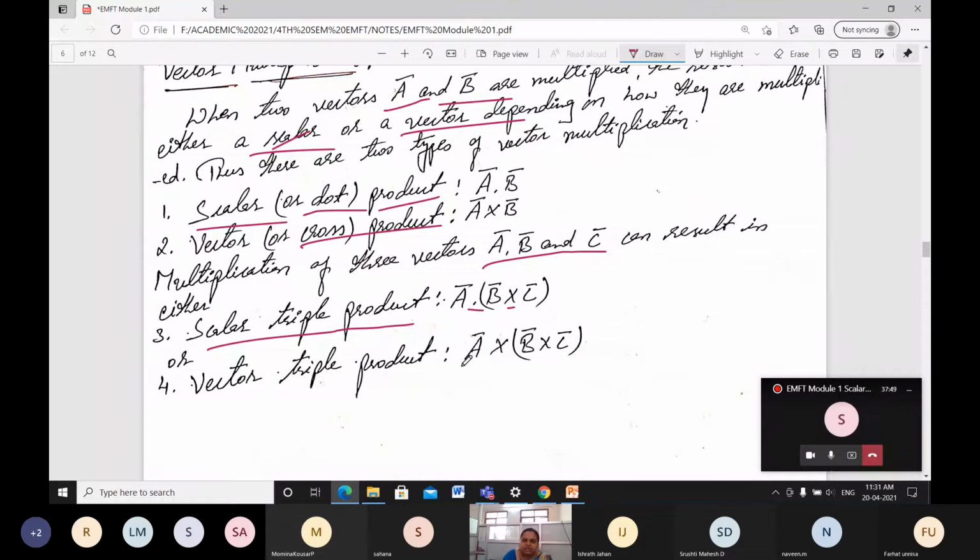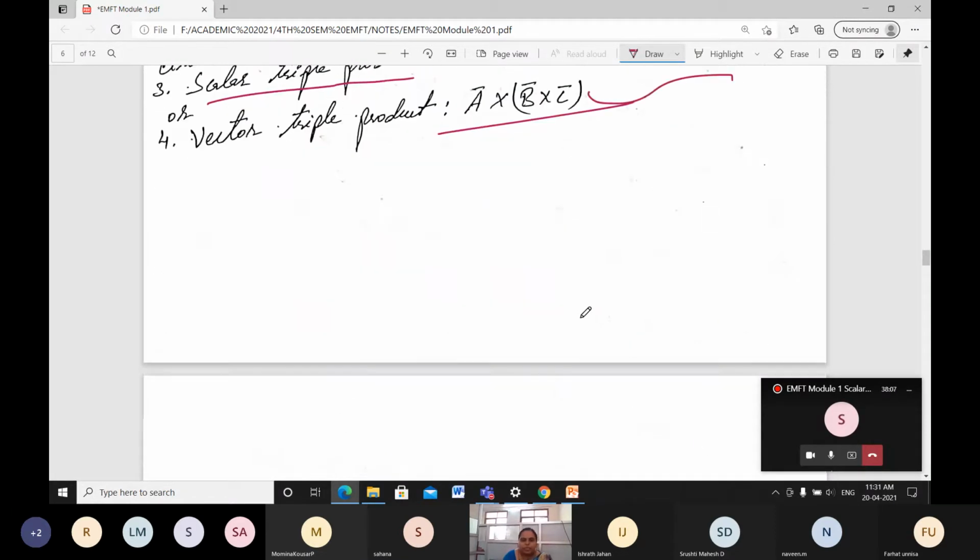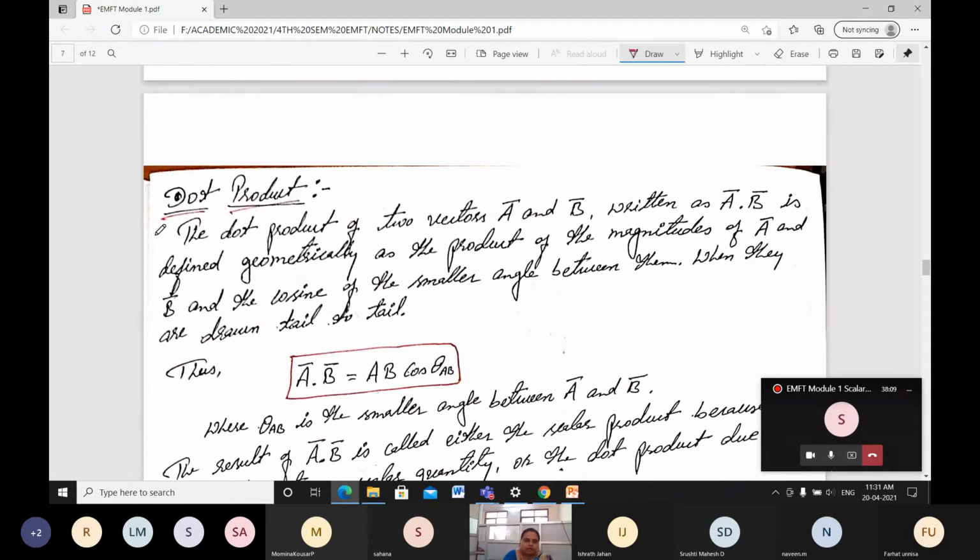I can write it as vector A cross of vector B cross vector C. This is how you have to represent. When I multiply three vectors, I can get a scalar triple or else a vector triple. Then we'll go with the first one, our dot product, and how it is represented.